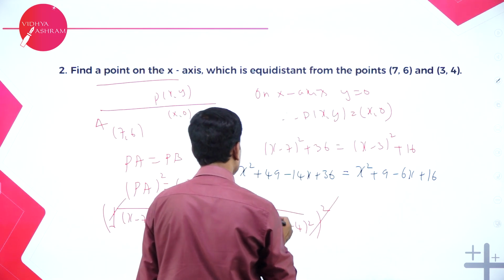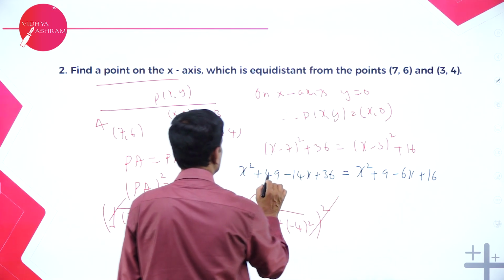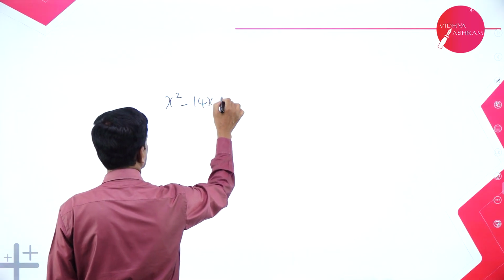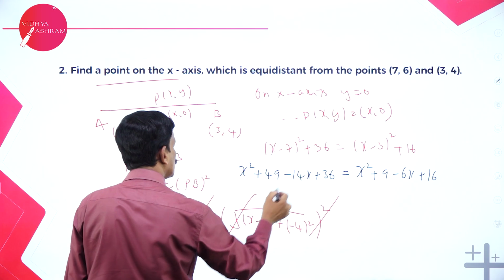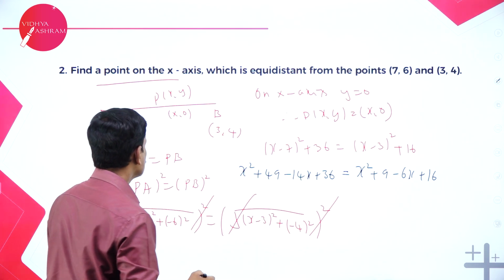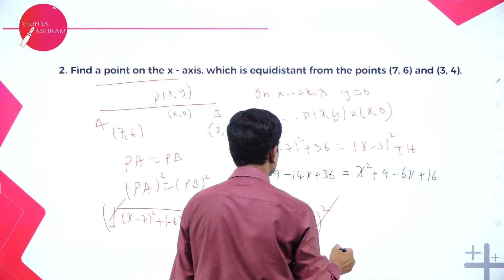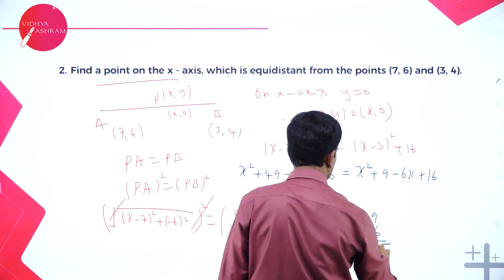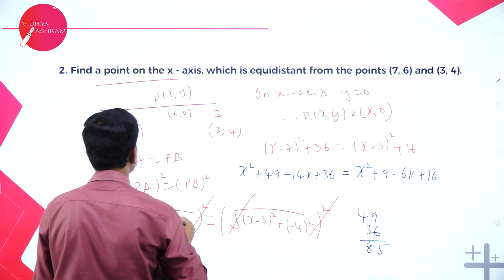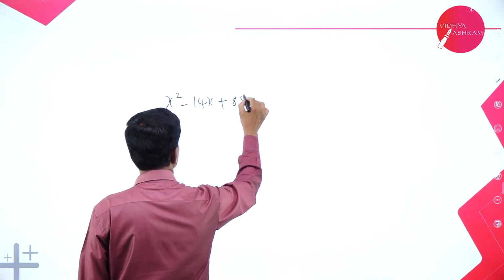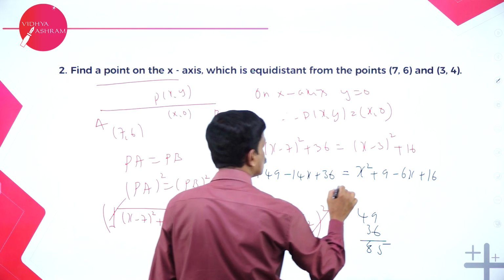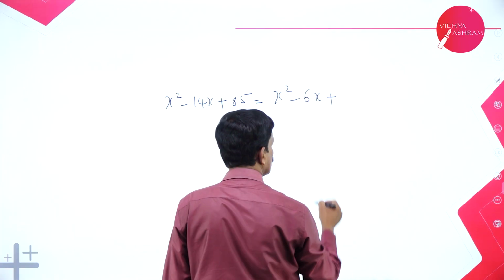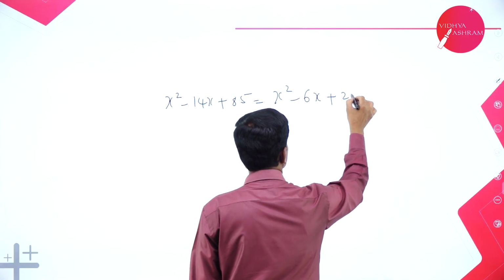Just bring this to the left hand side. This can also be written as x square minus 14x, then 49 plus 36, add this. So 49 plus 36, 9 plus 6 is 15, so 85, is equal to x square minus 6x plus 16 plus 9 is 25.